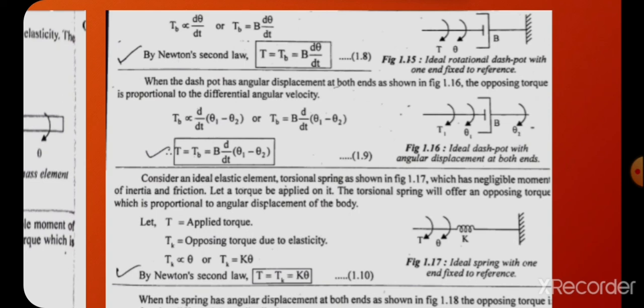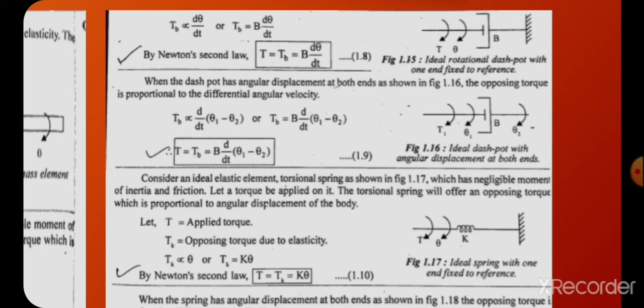It is shown that theta 1 is the displacement at one end and theta 2 is the displacement at the other end. So in that case we can write the torque balance equation as directly proportional to the differential angular velocity. So the opposing torque is proportional to the differential angular velocity.